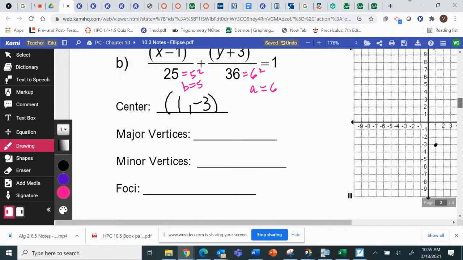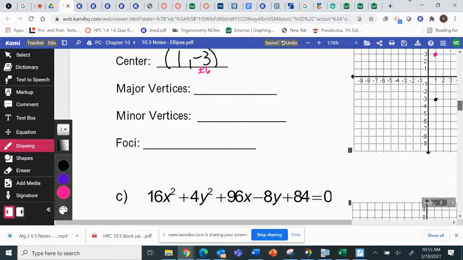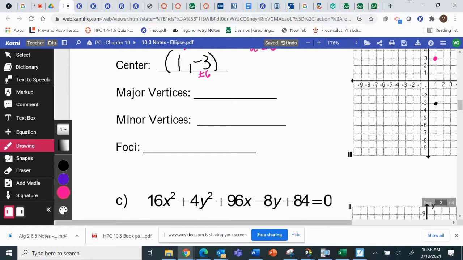a is underneath the y. So that's telling me that my major vertices are going to be the y's, up and down, vertical. So if I'm using my ordered pair, my center, I will plus minus 6 from -3. Or you could go over and count up 6 and down 6 from your center and write down those ordered pairs. I don't care which method you choose for finding the ordered pairs.